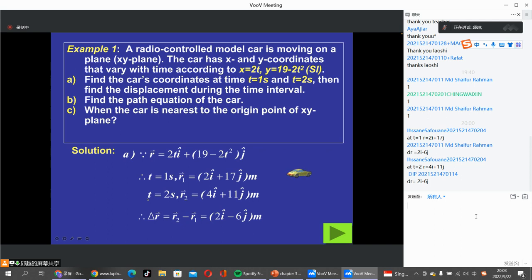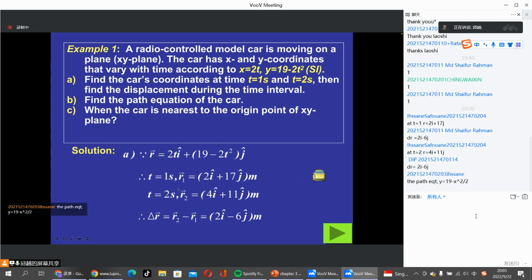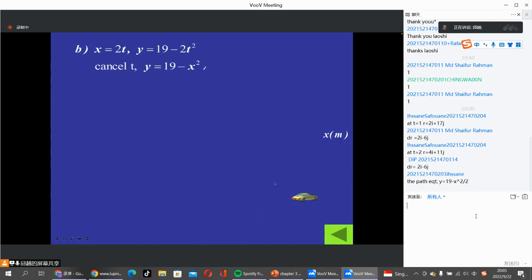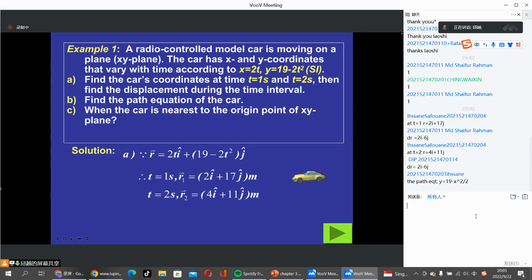And problem B, find the path equation of the car. In order to find the path equation, we should do what? We should eliminate t. So first of all we should rewrite t with x.